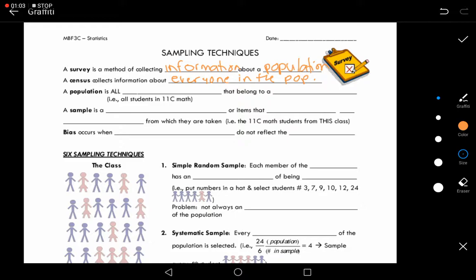So everyone in the population. A population, on the other hand, is all individuals that belong to a group being studied.